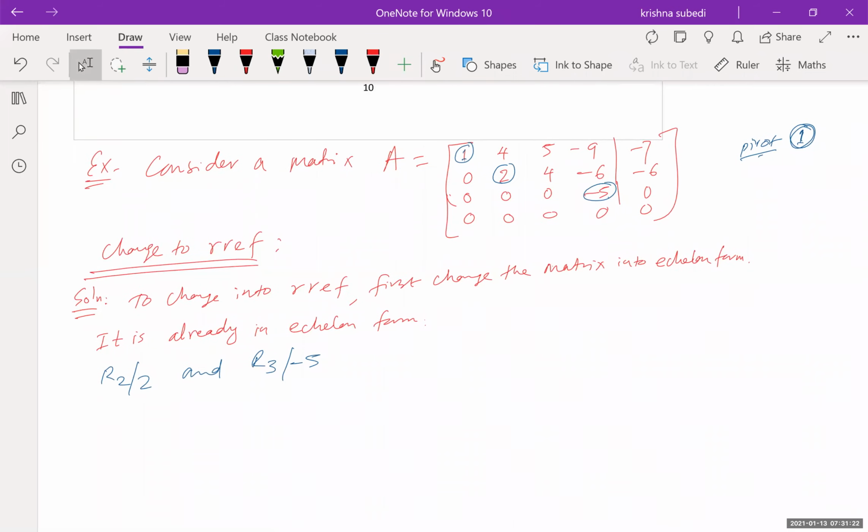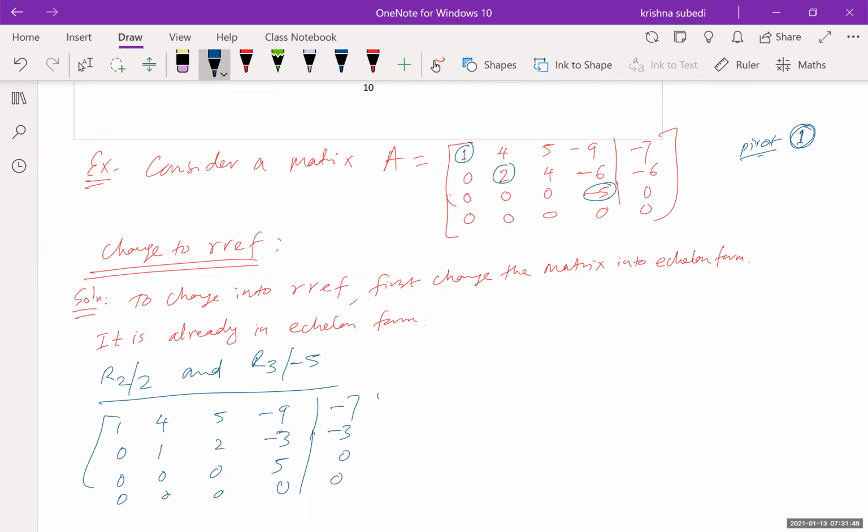So all the leading entries are 1. So you'll have 1, 4, 5, -9, -7, 0, 1, 2, -3, -3, and 0, 0, 0, 5, 0, 0, 0, 0, 0, 0.